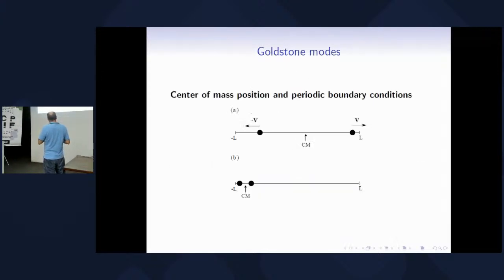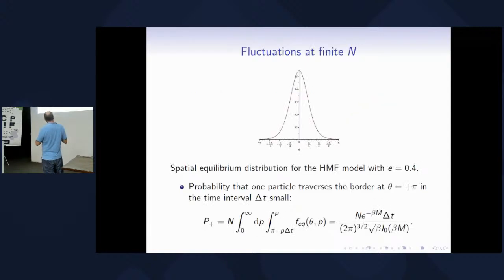What causes this? This is a distribution, this partial distribution for the HMF model, which you can compute exactly, as a function of theta here, from minus pi to plus pi. And I just draw it with the maximum at zero.